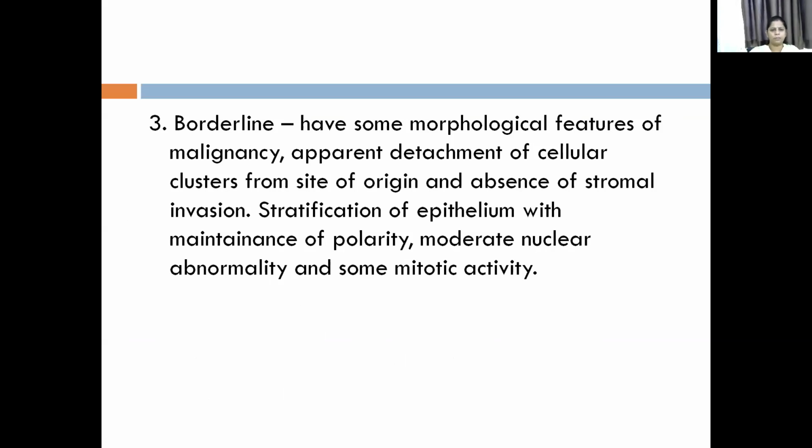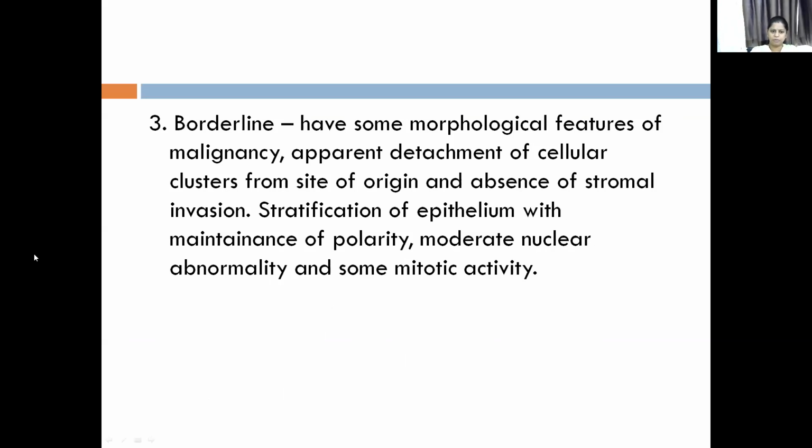Now, here comes the borderline. When you call them borderline, they have some morphological features of malignancy, that is, apparent detachment of cellular clusters from the site of origin, but with absence of stromal invasion.